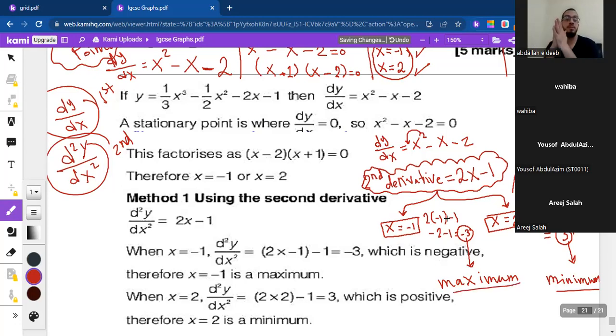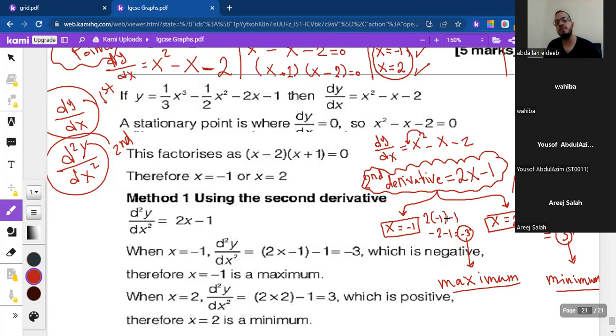The secret to mastering this kind of question is to solve and practice, just to memorize and to know the steps. The first step, find the first derivative. The second step, put the first derivative equal to 0 and find the value of x.